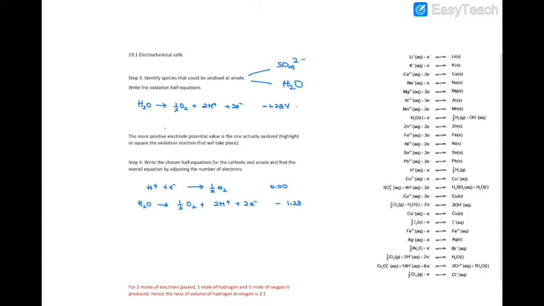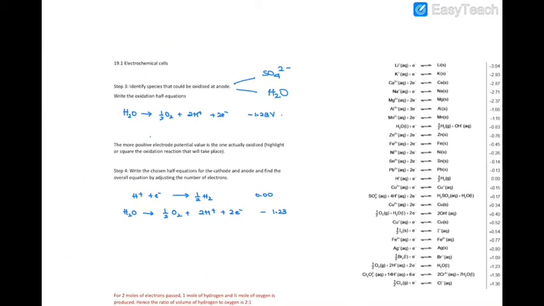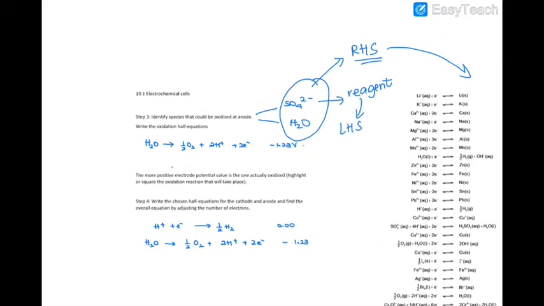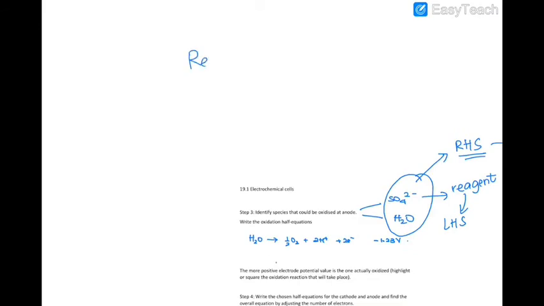We're going to look at the oxidation equations, which means that we'll need to flip the equations from the electrochemical series. This also means that H2O or SO4 2 minus need to be on the right hand side, so that when we flip it, they become the left hand side, because remember, in an equation we always have reagent giving product.